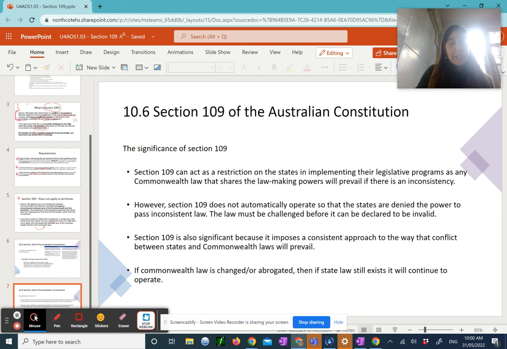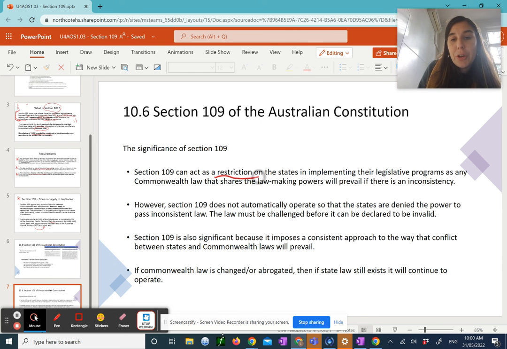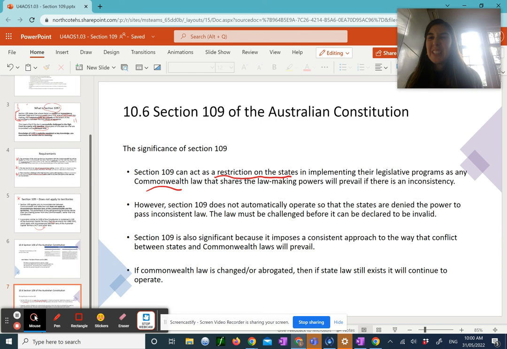Okay, so what is the significance of Section 109? Or why is it important to know? Well, Section 109 can act as a restriction on states' ability to implement their legislative policies, as any areas of law that the Commonwealth Government shares with them will prevail if there is an inconsistency.